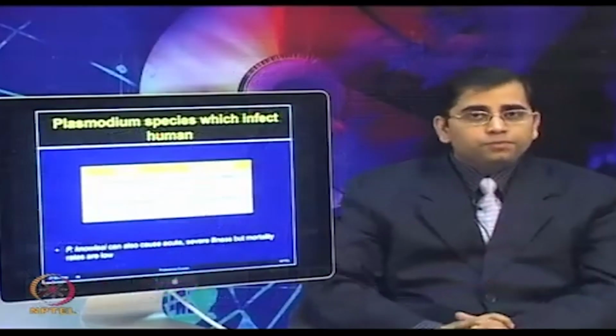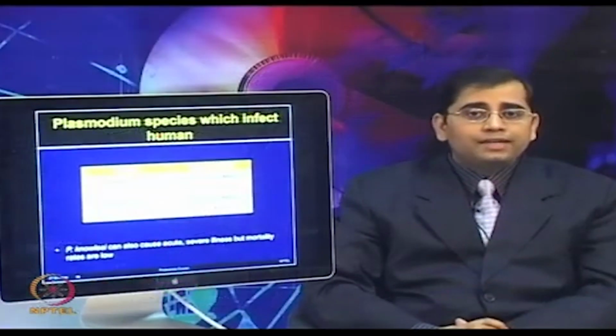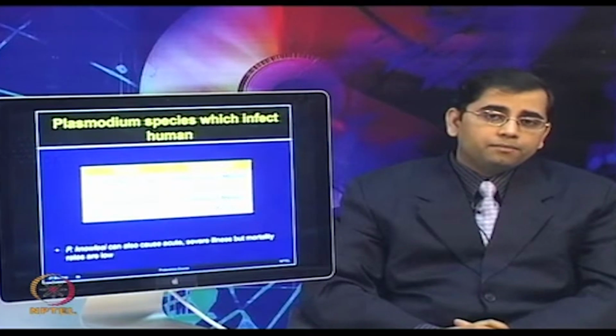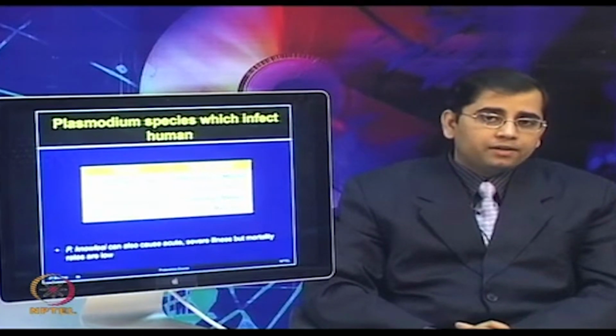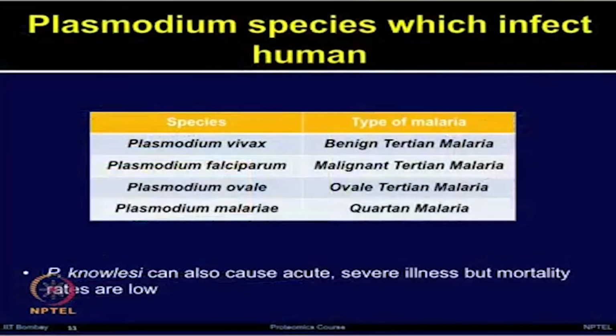The slide gives you various species of malaria parasites which cause different types of malaria. Plasmodium vivax causes benign tertian malaria, Plasmodium falciparum malignant tertian malaria, Plasmodium ovale tertian malaria, and Plasmodium malariae quartan malaria.